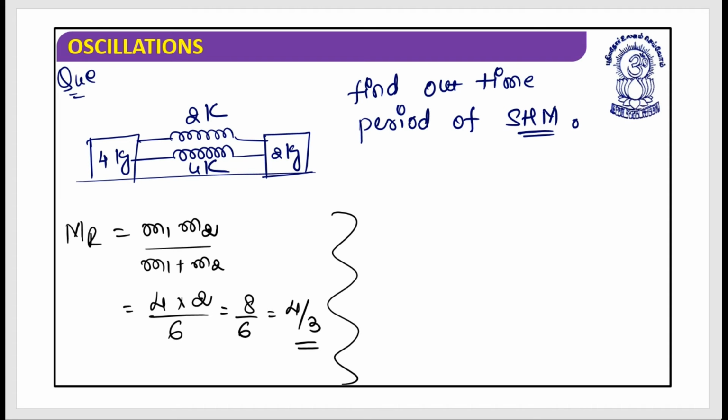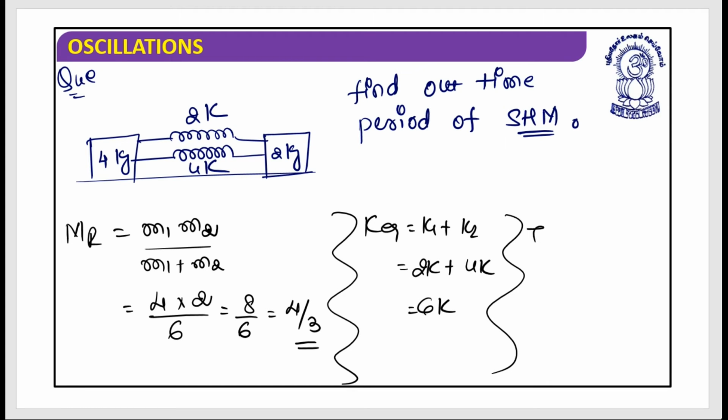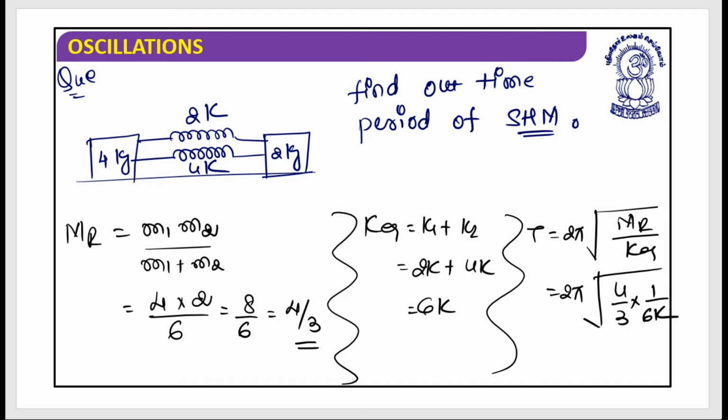And as these two are connected in parallel, their k equivalent is k1 plus k2, which is 2k plus 4k, that is 6k. From this, T is equal to 2 pi root of reduced mass divided by k equivalent, which is 4 by 3 into 6k.